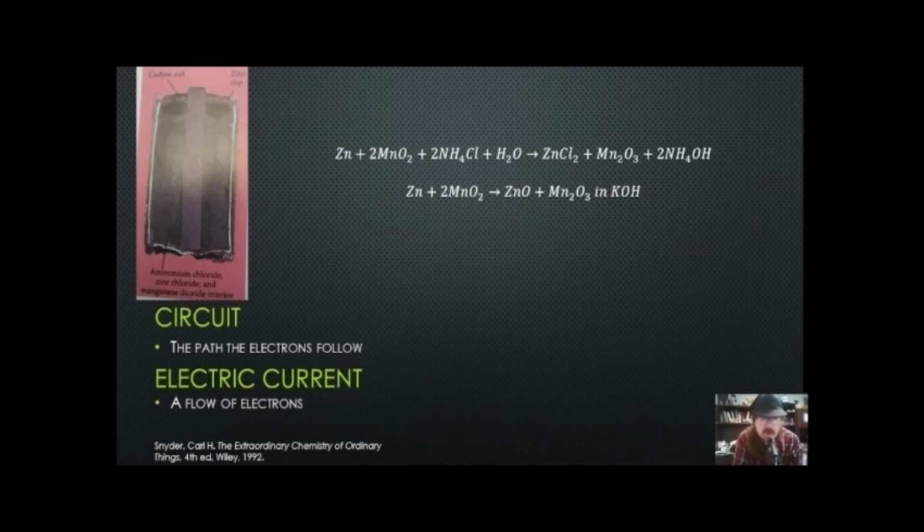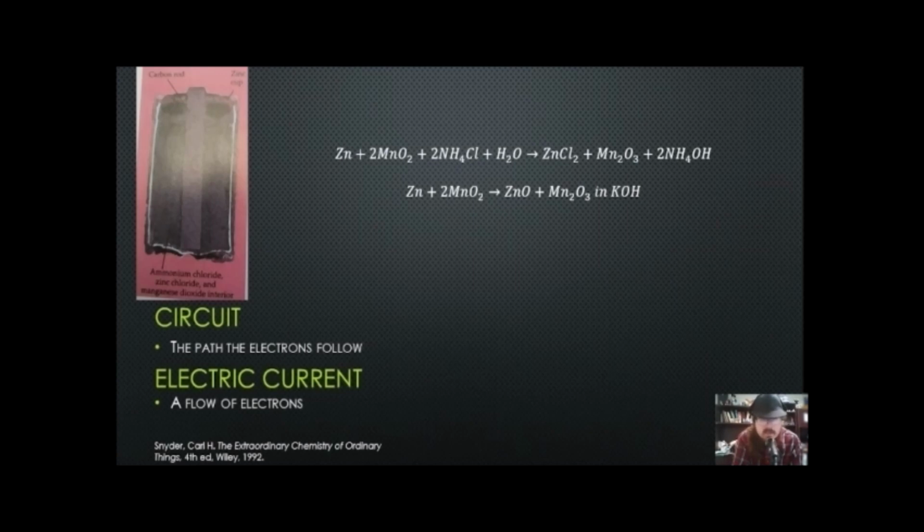So the more common version is the alkaline battery. Same generalized reaction, except instead of ammonium chloride, we use potassium hydroxide, which is why they're called alkaline. Alkaline is one of the common words for base. Now, the zinc, instead of going to zinc chloride, goes to zinc oxide.